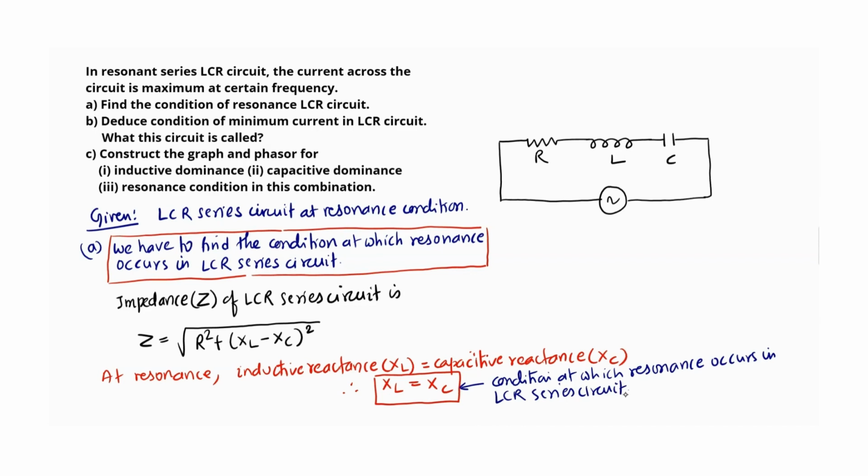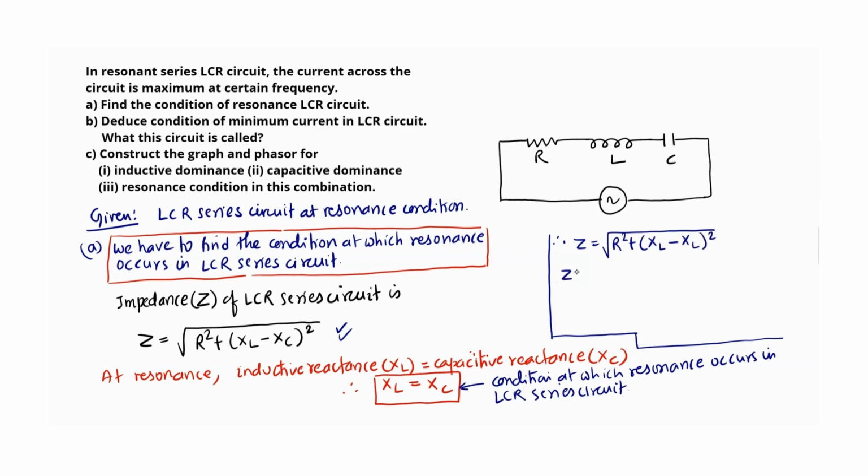Now, from this expression, we get Z equals under root R square plus XL minus, I'm going to put the value of XC equals XL. So we have XL minus XL.